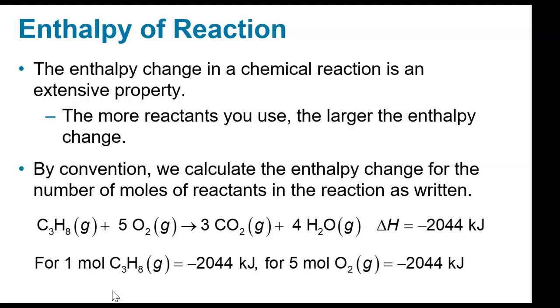If you remember, extensive properties depend upon the amount of mass, so the more reactants you use, the larger the enthalpy is going to be. By convention, we calculate the enthalpy change for the number of moles, so things have to be in moles of reaction in the reactants as written. You're going to see this reaction here, and it shows you that you've got pentane.